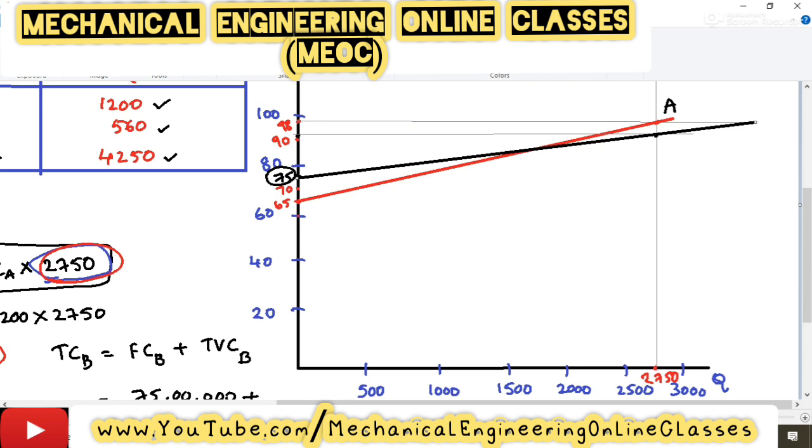So this is the total cost line of site B.